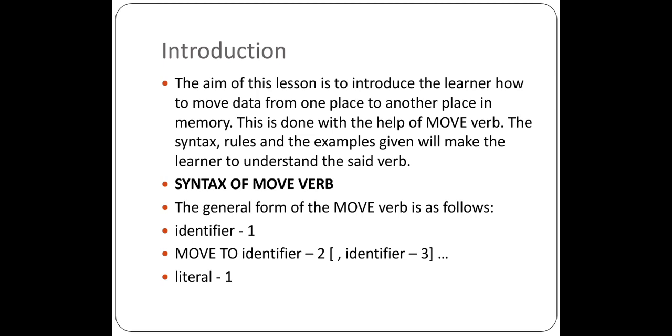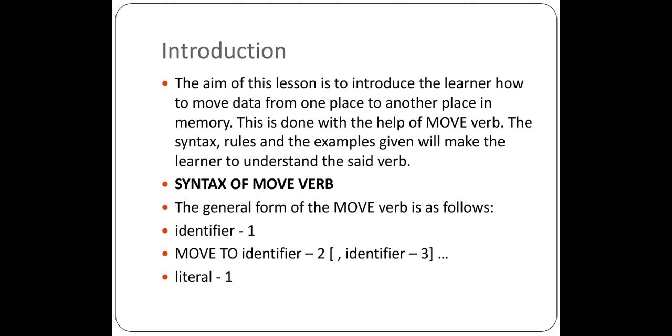So here we are going to move the value in terms of memory. For example, operand 1 has some memory places, and operand 2 has some memory places. Now we are going to move the value present in operand 1 memory to operand 2 memory. How do we move it?